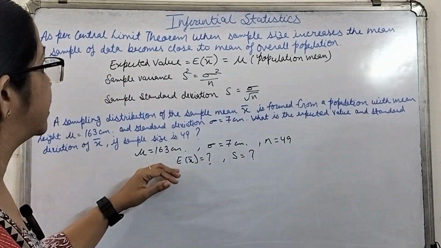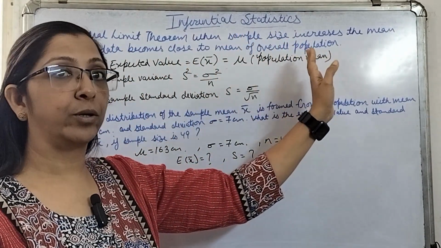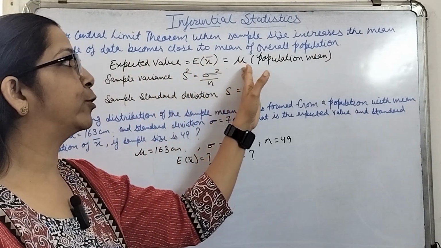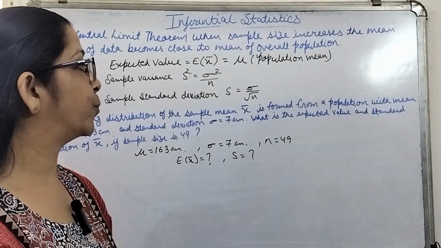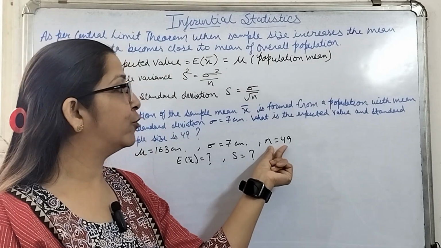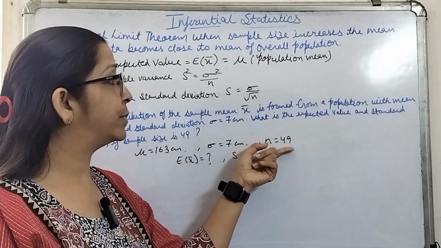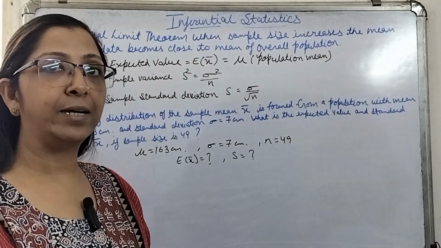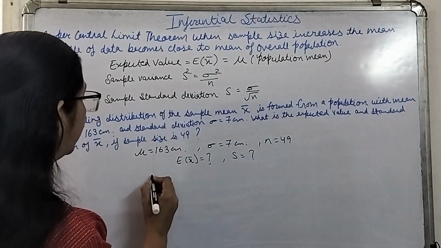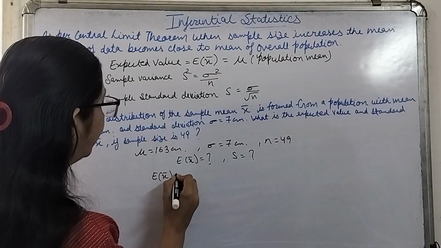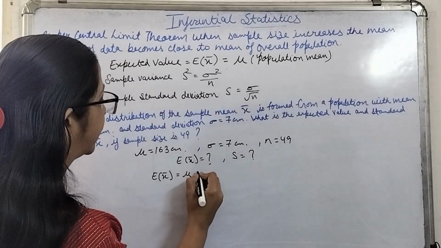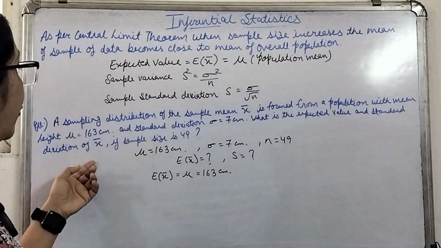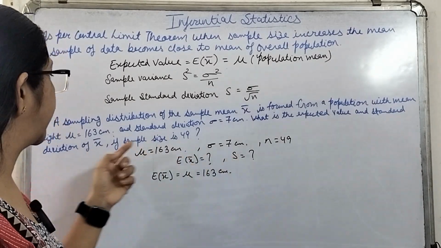Now, as we just said, when your sample size is large, the expected value E(x̄) is equivalent to the population mean μ. Over here we can see the value of n is 49. That means the sample size is more than 30, so we can apply these formulas. The expected value E(x̄) will be equivalent to μ, that is 163 centimeters. Now we have to find the value of S, the standard deviation.